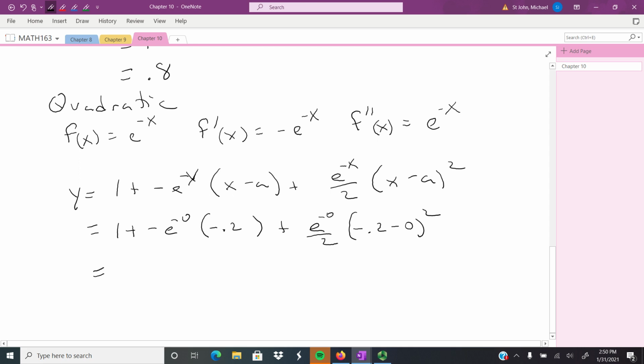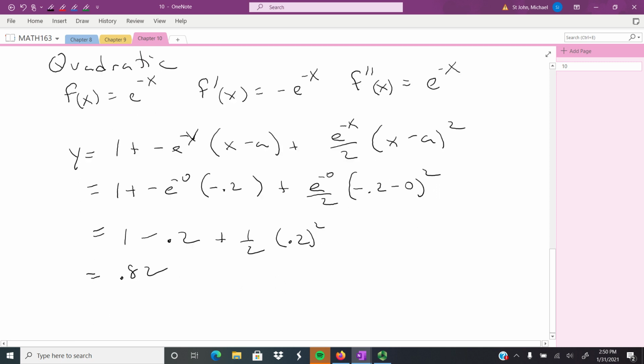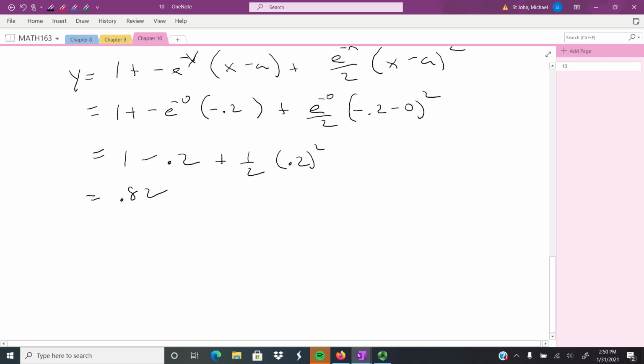And so we plug this in. This is going to be 1 minus 0.2 plus 1/2 times 0.2 squared. And we end up at 0.82 in my quadratic approximation.